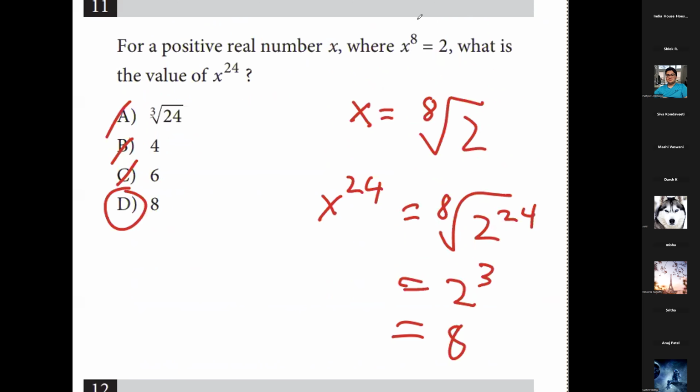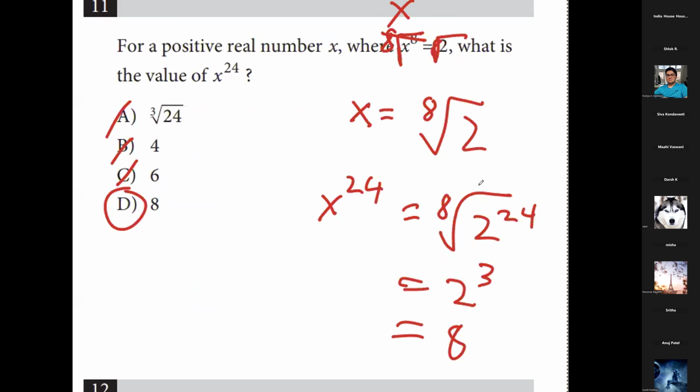To find x, we just have to take the eighth root of the left side and the eighth root of the right side, right? Because the eighth root of x to the eighth power would just be x. So we just take the eighth root of the right side as well, which gets us the eighth root of 2. And then if we want to find x to the 24th power, we just multiply the left side by x 24 times, which would just be x to the 24th power.